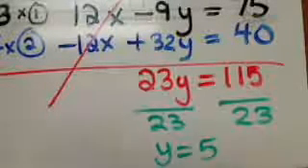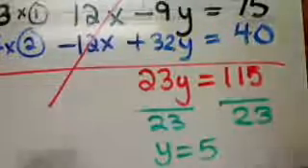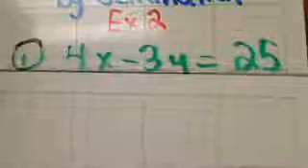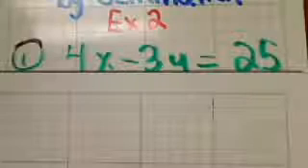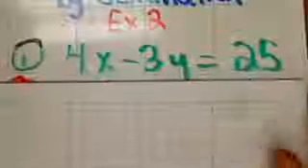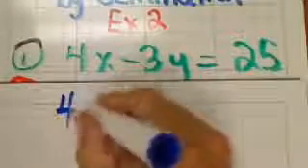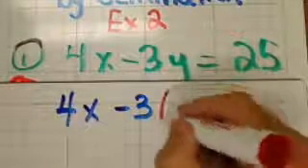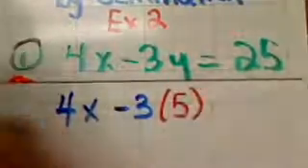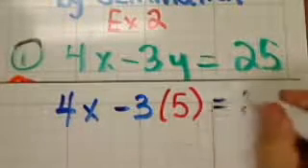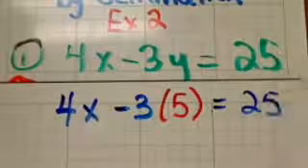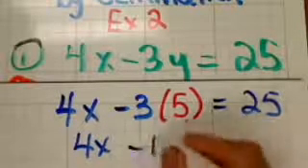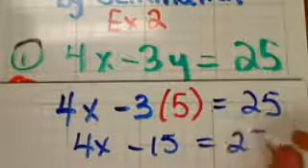So I'll take, for example, equation number 1 that I started with, and I'm simply going to take the value I got for y, so I'll have 4x minus 3, I had 5 for y equals 25, so I'll get 4x minus 15 equals 25.